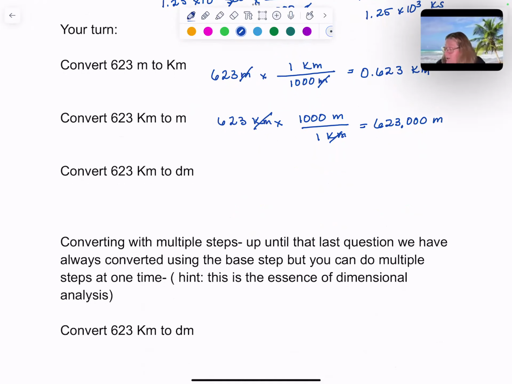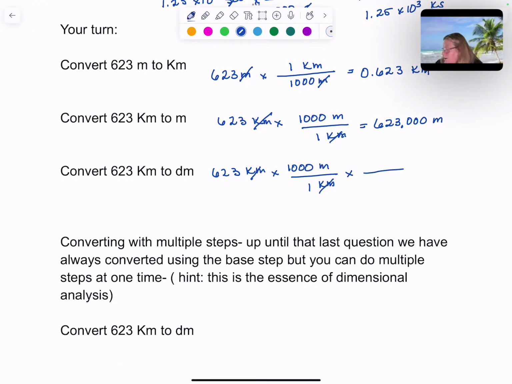We want to go kilometers to decimeters. Okay, this is the first time we're not going to a base unit. So we can approach this 2 ways. Personally, I always like just to go back to the base. We can take 623 kilometers. What do I know about a kilometer? Well, I know that there's 1,000 meters to every 1 kilometer. That gets rid of the kilometers, but I don't want meters, I want decimeters.